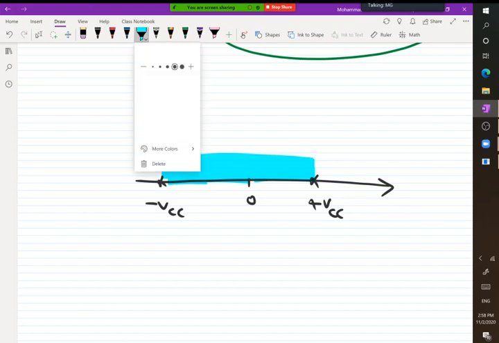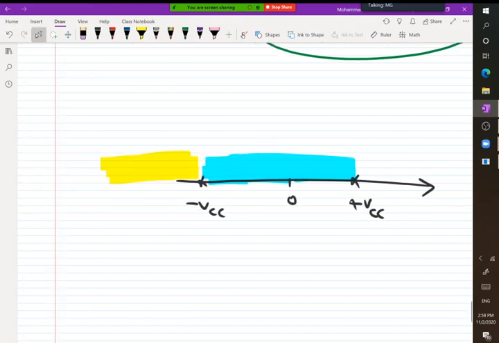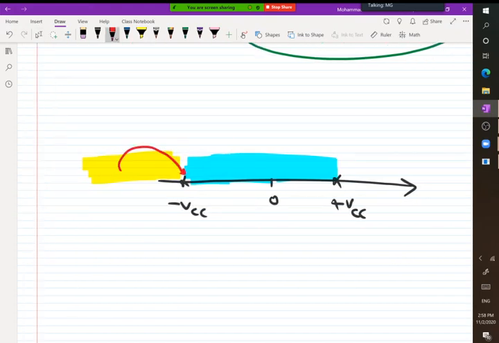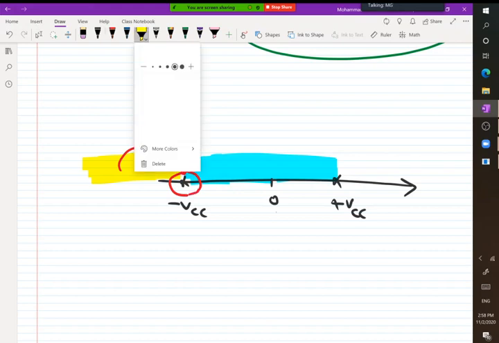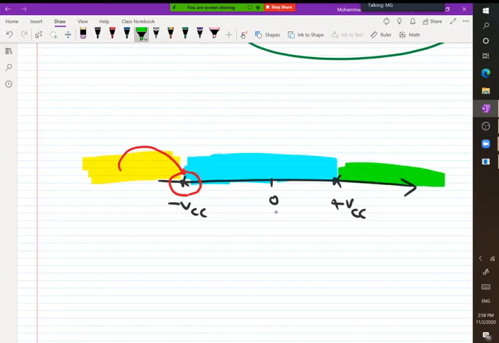But if the calculated voltage is in this range, the answer is negative VCC. It cannot go beyond negative VCC. If the calculated voltage is in this range, the answer is VCC. It cannot go beyond VCC.